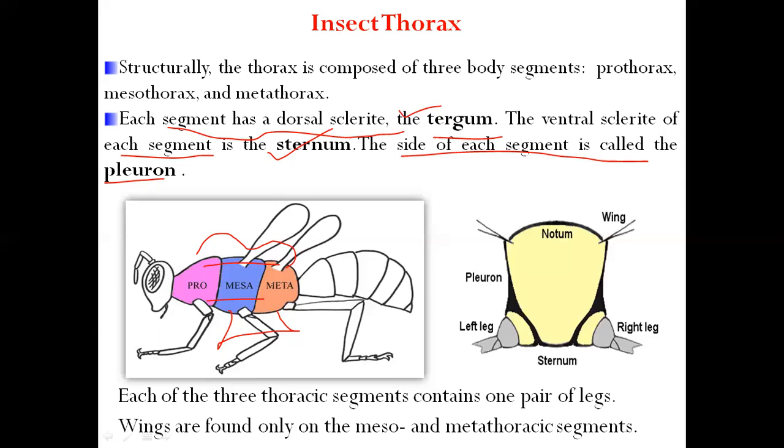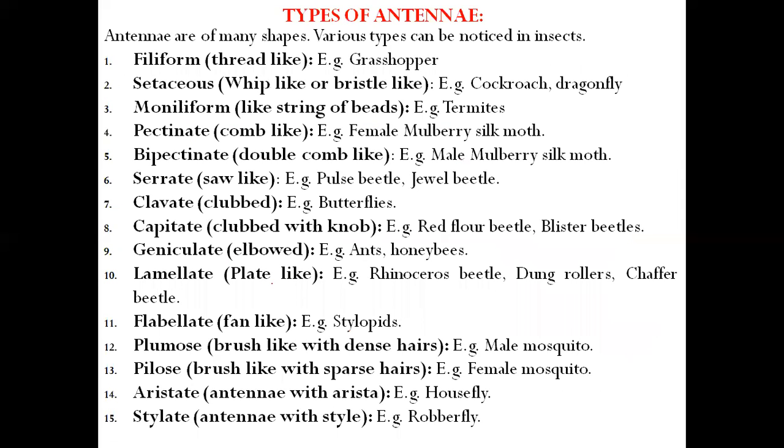So today we are going to talk about this thoracic region and the different appendages present on it. But firstly, we are starting with the antenna, which is important for sensory function and plays a role in various activities of the insect. Let's see the insect antenna in detail.